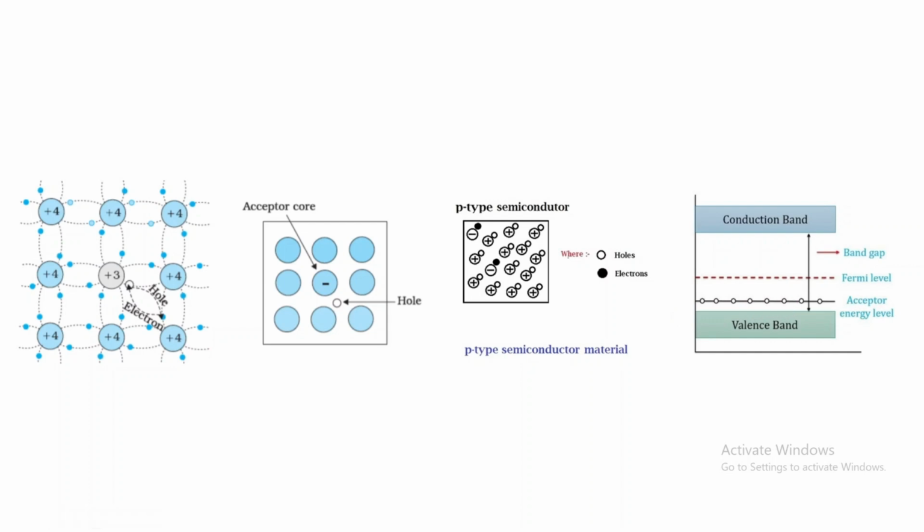At 0 Kelvin, at very low temperature, all these electrons will be present in the discrete energy level that is near the valence band.